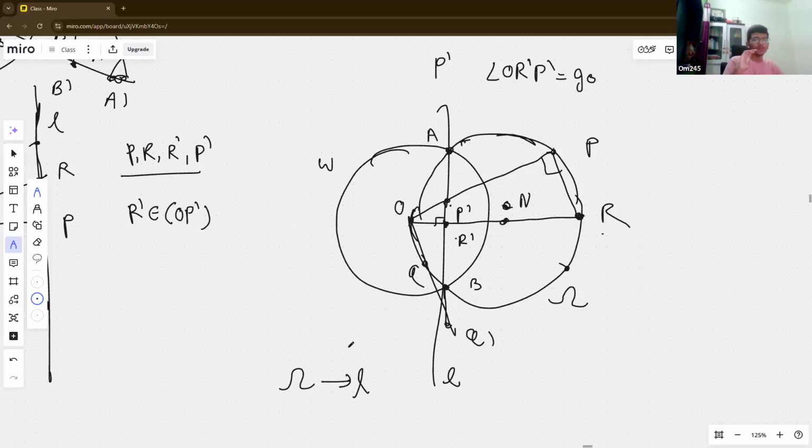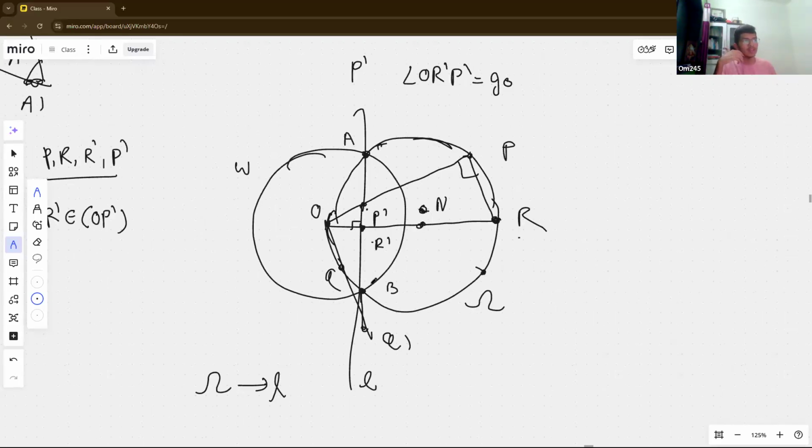Can you see a circle is totally different from a line as far as we work with? But now you can convert the circle into a line. That's the beauty of inversion. If you are working with a circle and it feels so complicated, you can just invert and make it a line. Why it's useful, we will get to it.